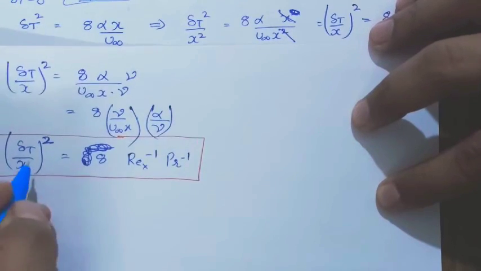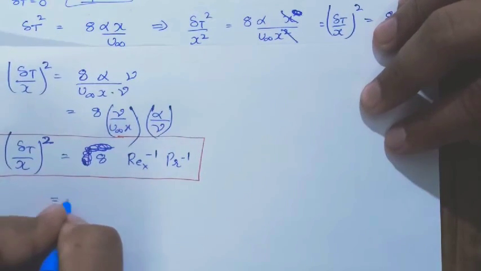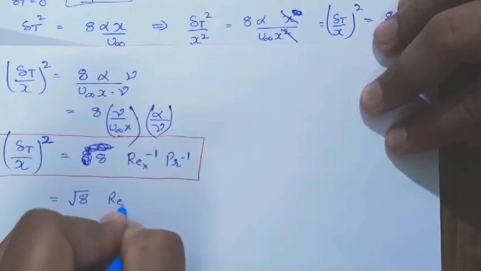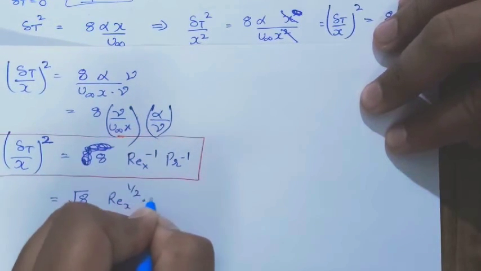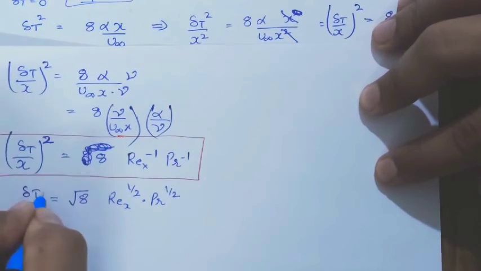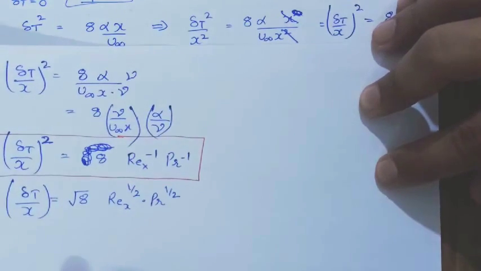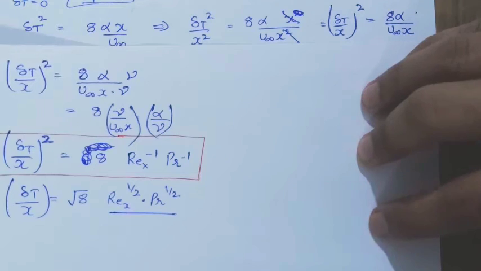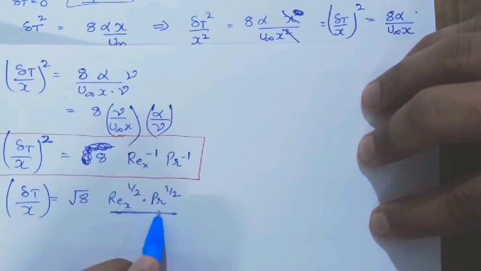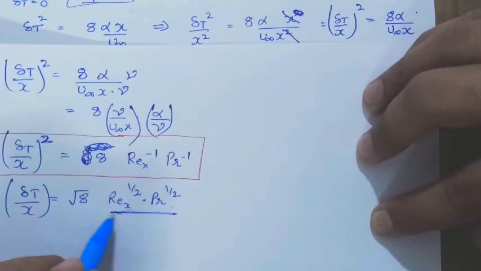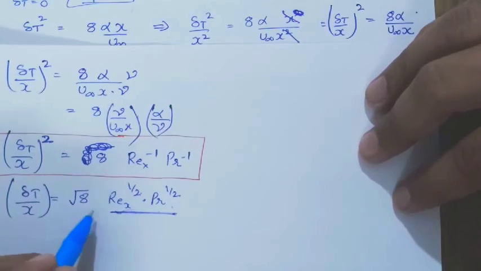And if you take the square root of this, it will be root 8 Reynolds number to the power half into Prandtl number to the power half. So this is the same result. If you remember, while doing the order of magnitude analysis, we got this thing. It is a function of Reynolds number to the power half into Prandtl number to the power half, right? And now it is a more accurate answer in this case.